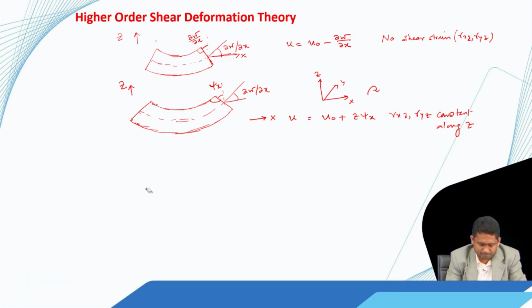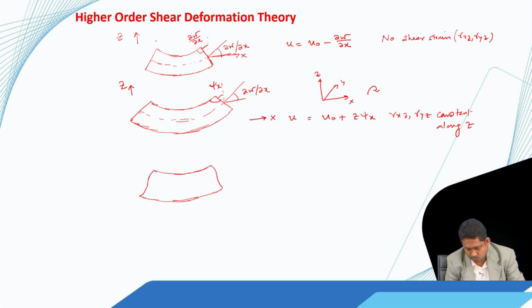the deflected shape where the plane section does not remain plane before and after bending. So, if I draw it, a section can look like this. And again, in this case this is x, this is z.